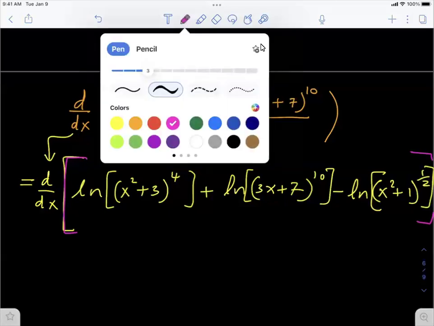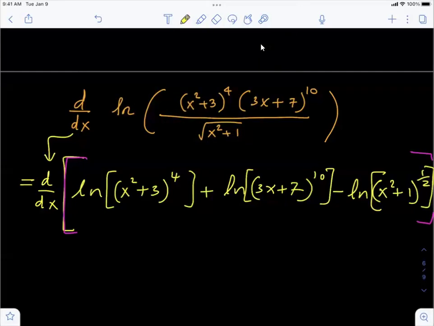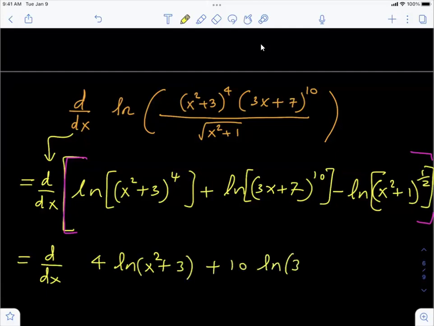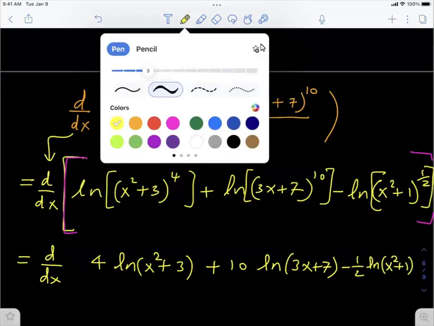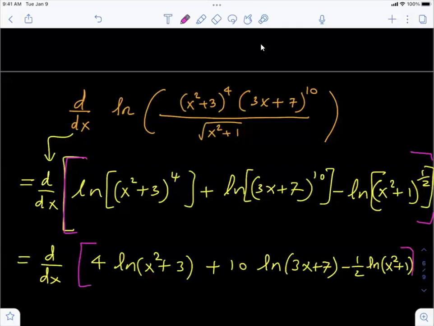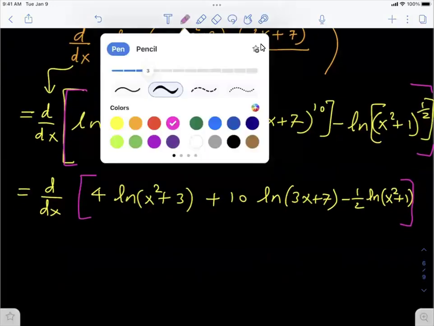Now, at this point, you can bring these powers to the front. The derivative of 4 times ln of x squared plus 3 plus 10 times ln of 3x plus 7, and then minus this 1/2 is also power, so I will bring it to the front, 1/2 ln of x squared plus 1, and with that we will cross the pink parentheses.